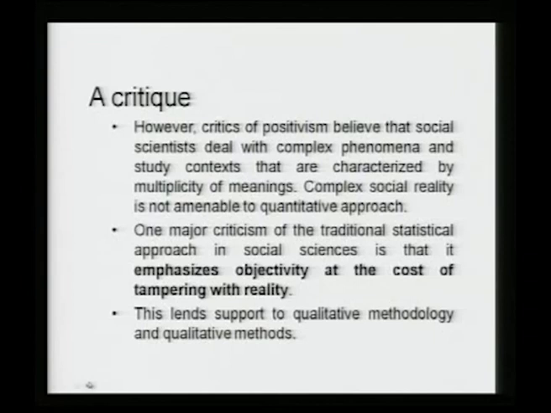Therefore, one major criticism of the traditional statistical approach in social sciences is that it emphasizes objectivity at the cost of tampering with reality. In sciences also, now at the micro level, say atomic or subatomic level, theory says that the behavior of atoms or subatomic particles is greatly influenced by the methodology that you use to study that.